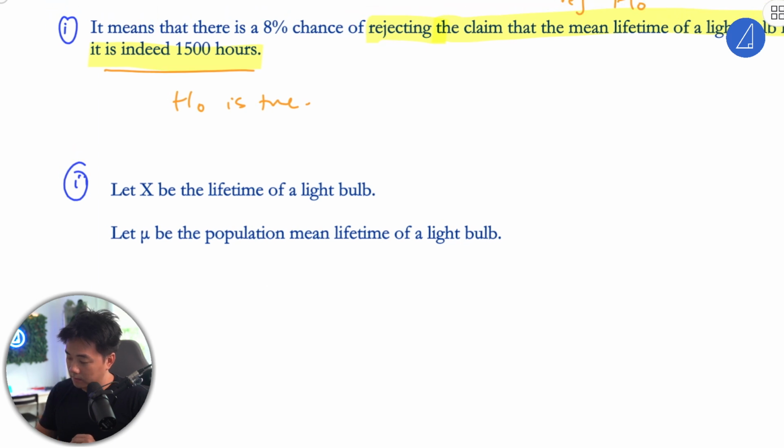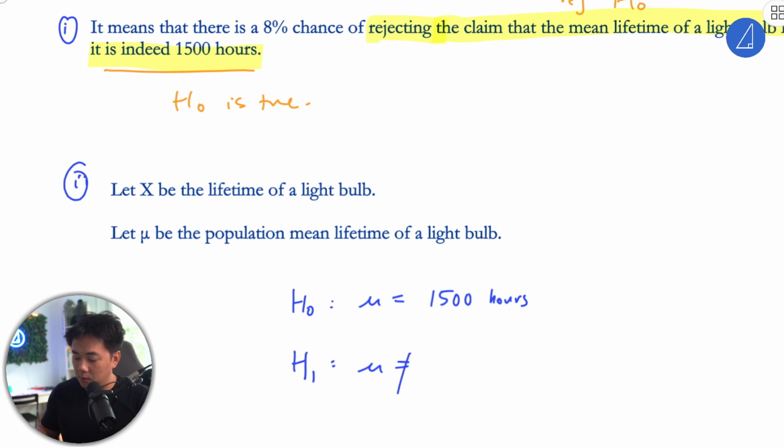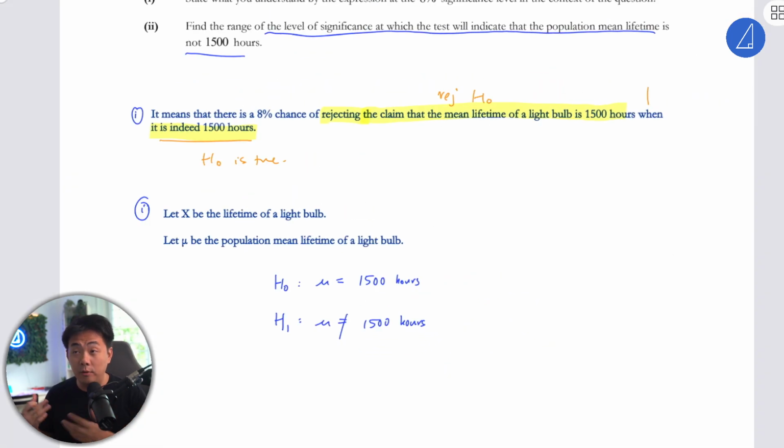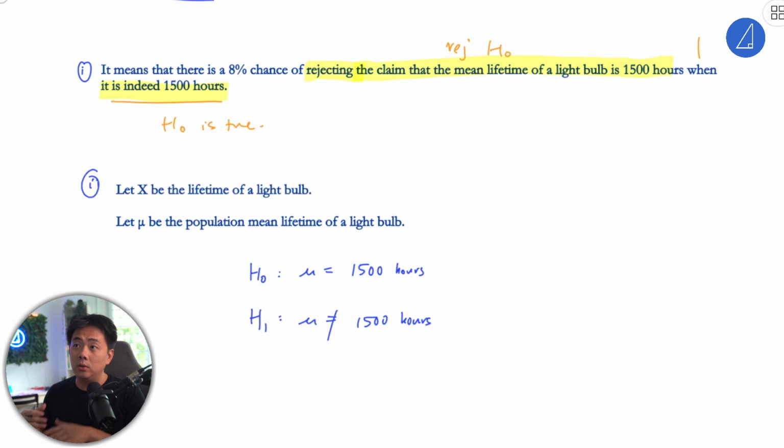H naught will be that the mean is 1,500 hours, because that is your claim. The alternate hypothesis has to be two-tailed, because you do not want to over promise or under promise. You just need to make sure it's right on 1,500 hours.